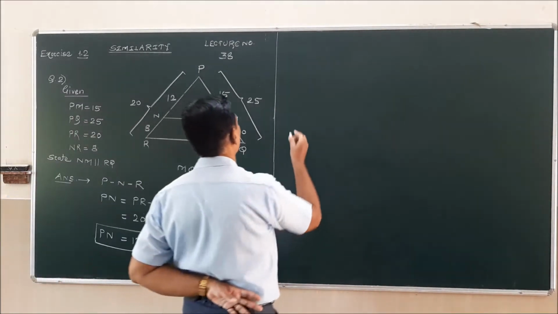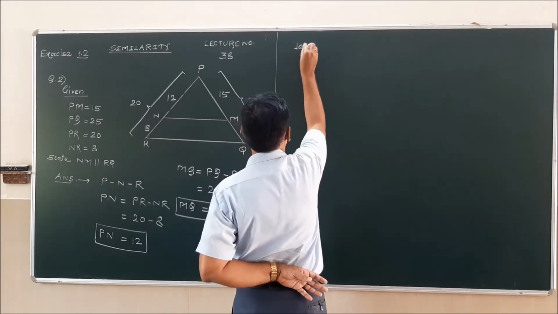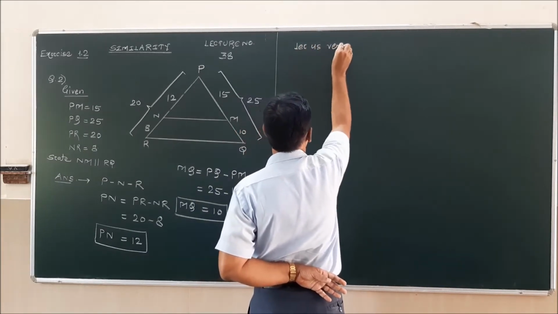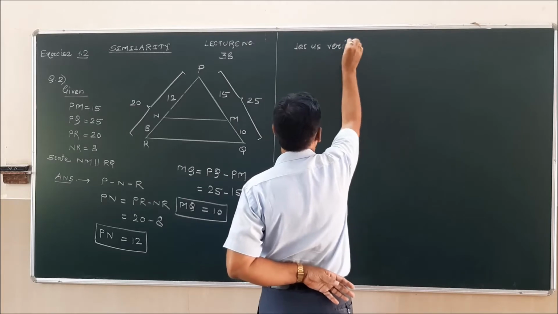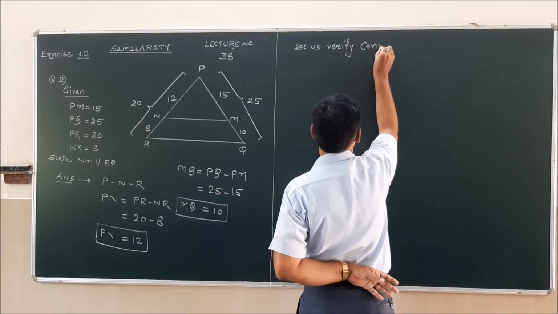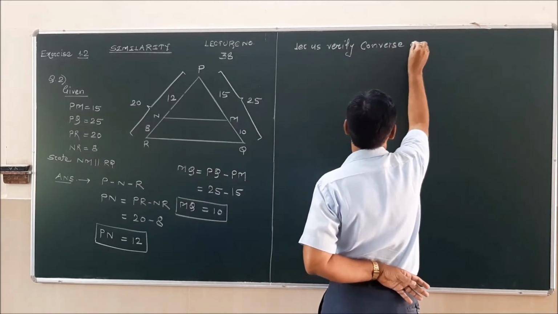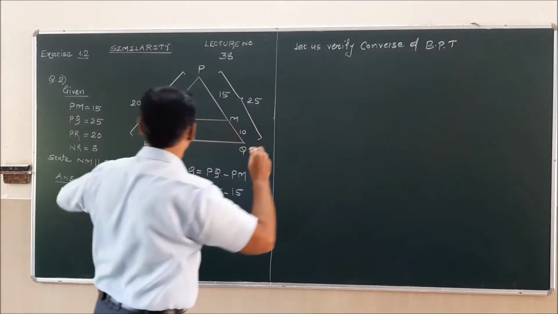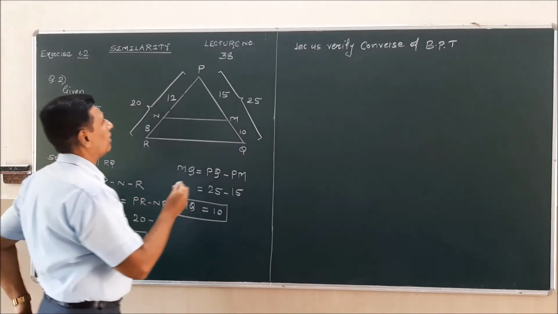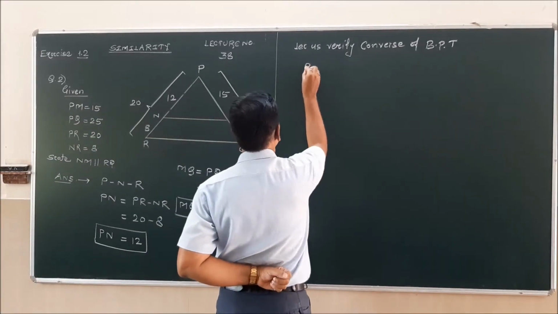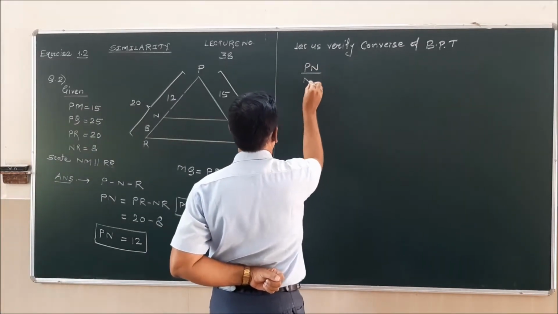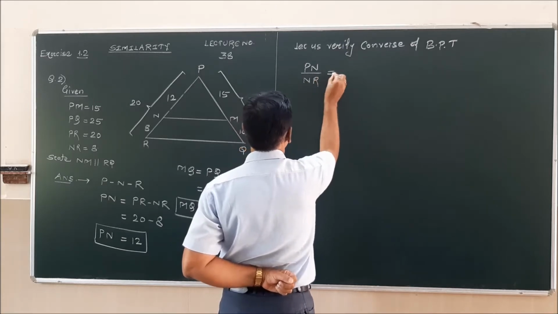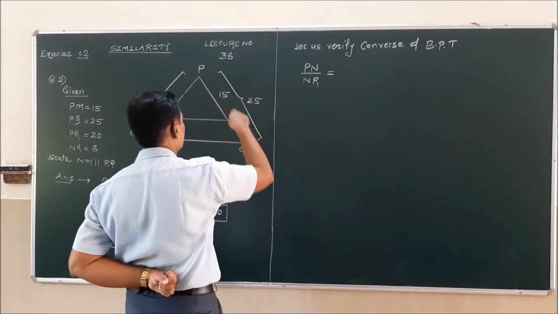So let us verify the converse of BPT. Now you will find PN upon NR. The converse of BPT is PN upon NR is equal to PM upon MQ.